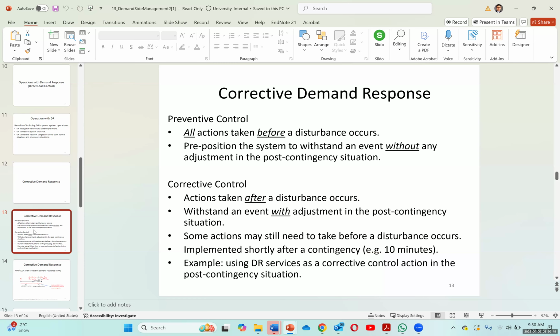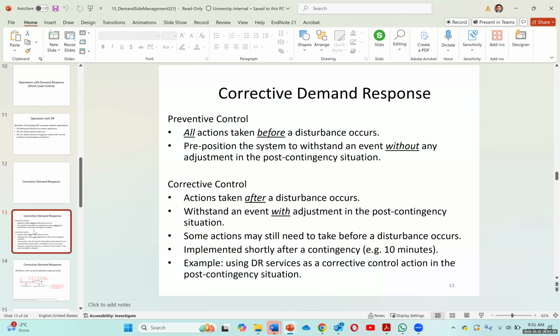So if there is a heat wave or a storm coming or a freeze storm, the system will reduce the demand or even increase the response time and the generation to prevent any shortages and blackouts. So the system would pre-position itself to withstand an event without any adjustment in the post-contingency situation.